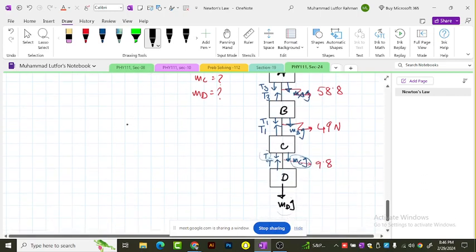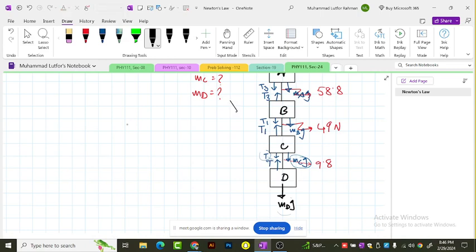Do you understand? Is there any question over here? No, sir. All right, let's choose. This is my positive X and this is my positive Y. This system is not moving at all, right? Once you hang something from the ceiling, it's not moving.